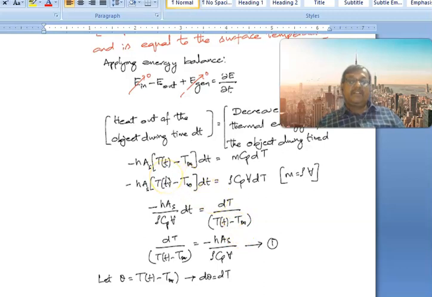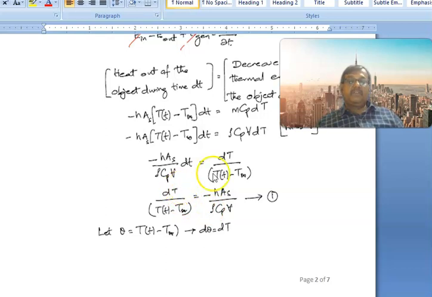So hA(T - T∞)dt = mCp dT, where m = ρV. Cross multiplying and simplifying the equation, we get dT/(T - T∞) = -(hA/ρCpV) dt, with θ = T - T∞, so dθ/θ = -z dt.